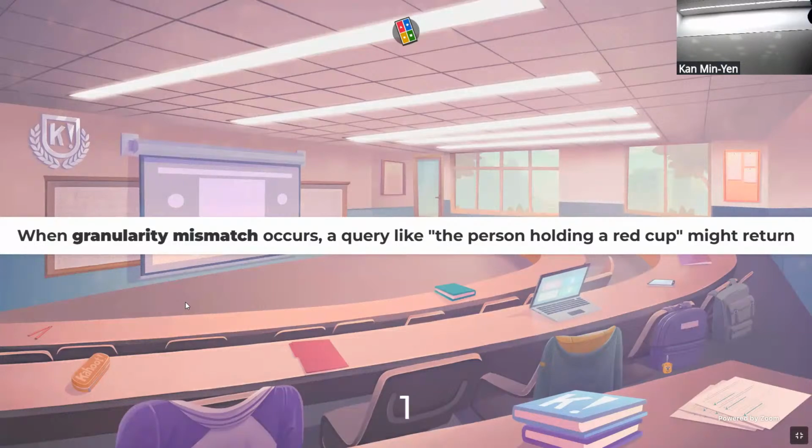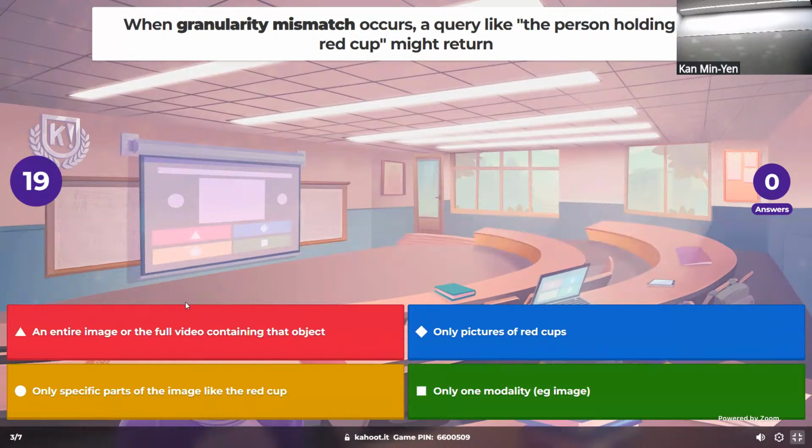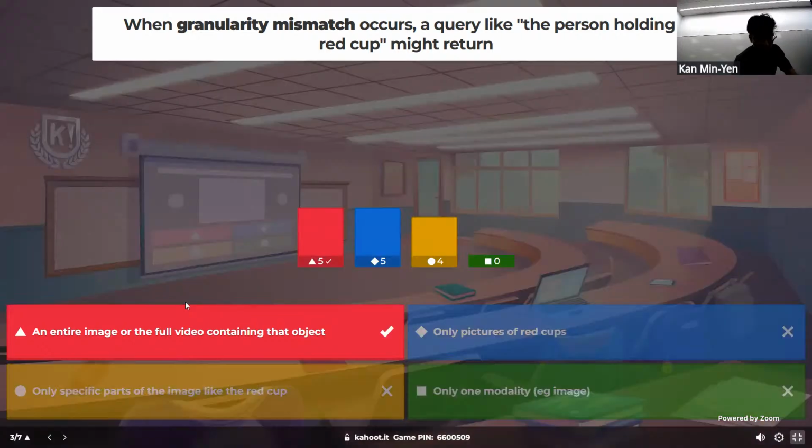You recall... this is an equal distribution of red, blue, and yellow answers.